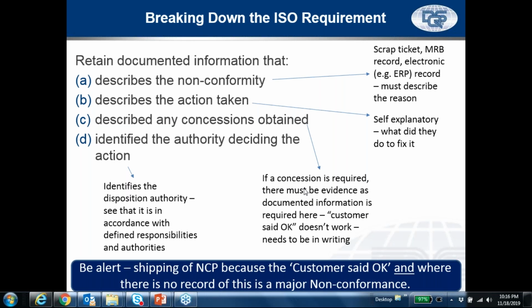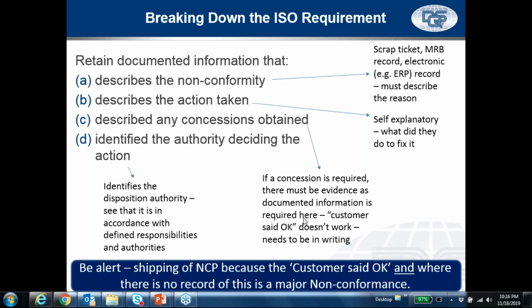If they're taking a concession, there has to be evidence, documented information, that the customer approved it. They can't just tell you, oh, the customer says it's okay. Oh, we've been shipping it this way for 30 years and they never reject it. They know. You need something in writing.